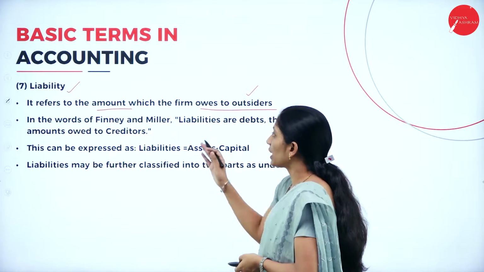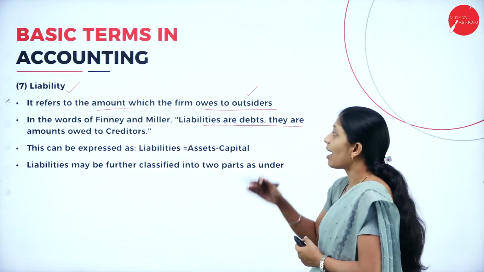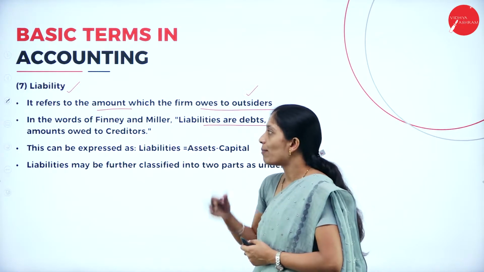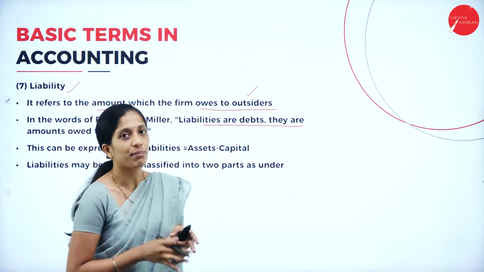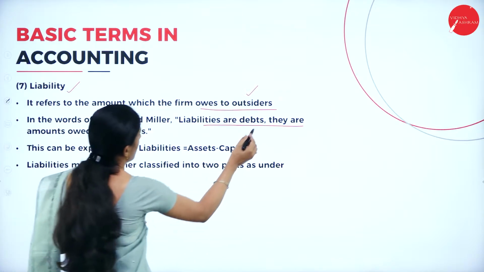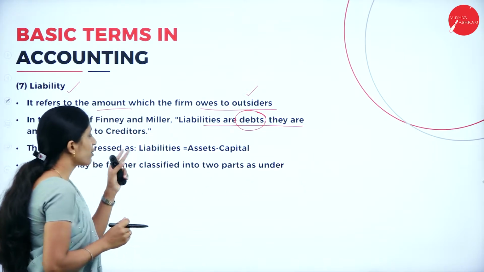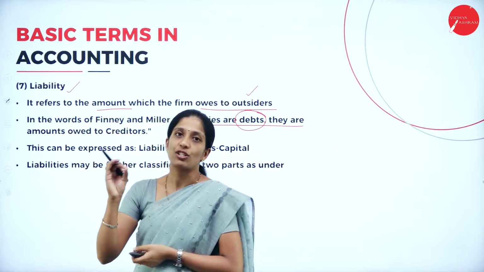In the words of Finney and Miller, liabilities are debts, amounts owed to the creditors. So it is nothing but the debt, the amount that has to be paid to the outsiders. It is nothing but the creditors.